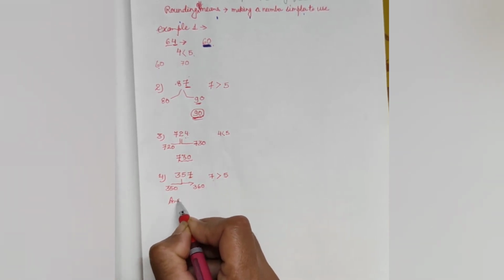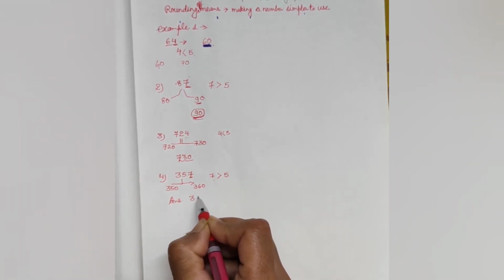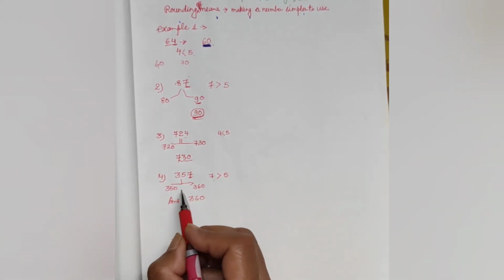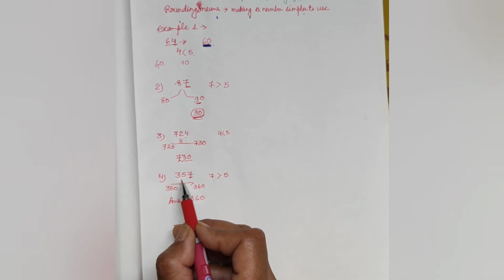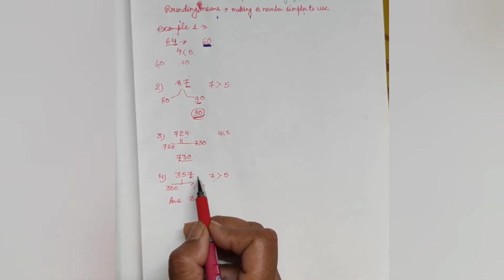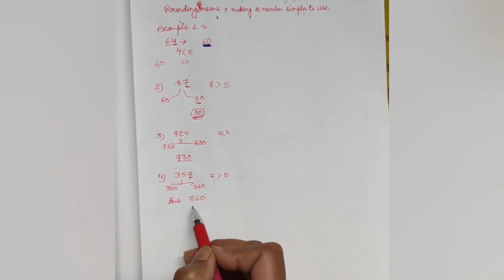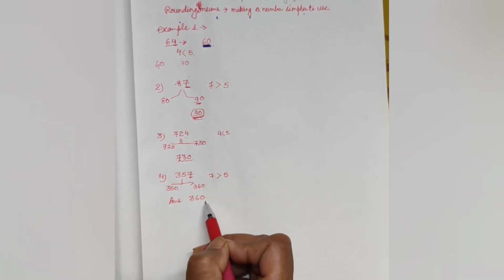So the answer is 360, or we can say 357 is rounded off to the nearest tens, that is 360.